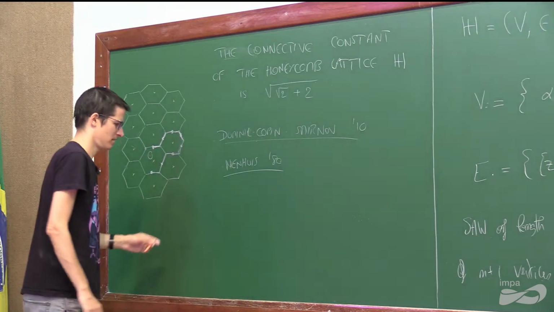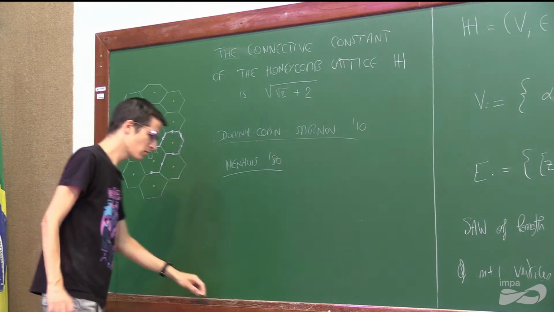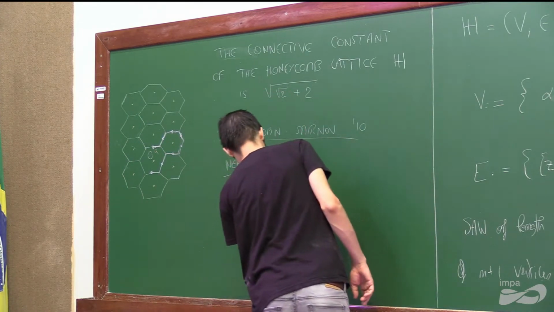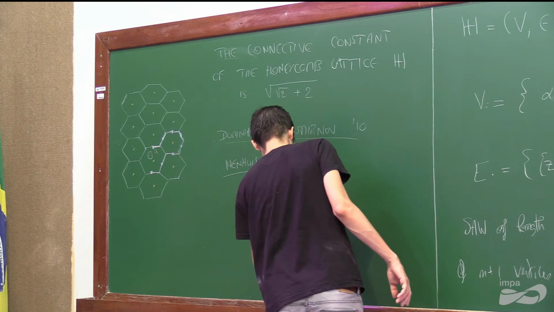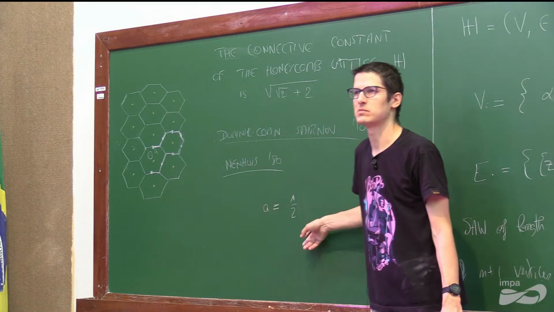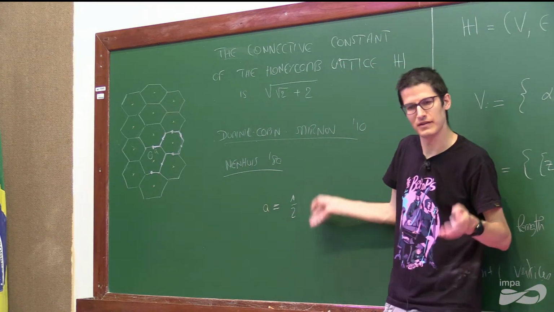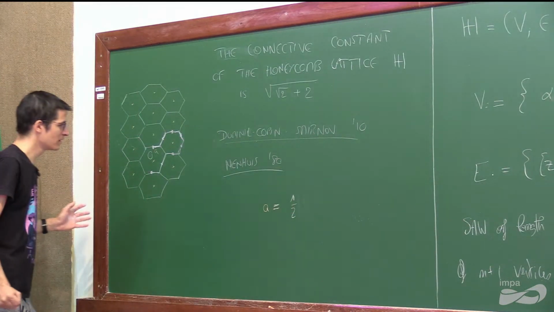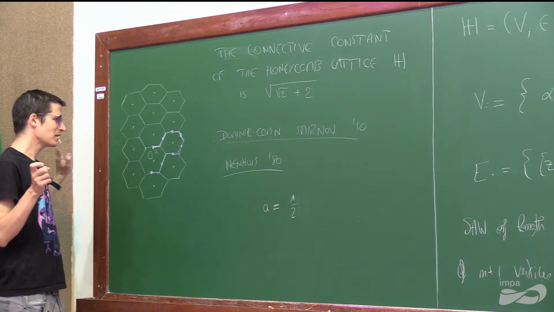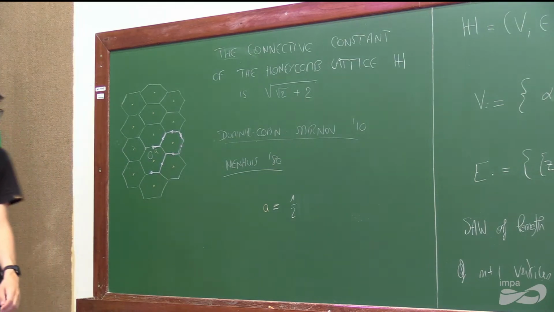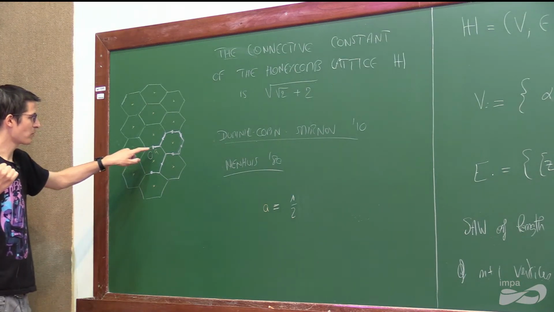Okay, and I will call this point A. So A will just be one half in the complex plane. So (1/2, 0) in R2, but 1/2 in the complex plane. Okay, so it's basically the same thing, but instead of starting from the origin, you start from a mid-edge, okay?